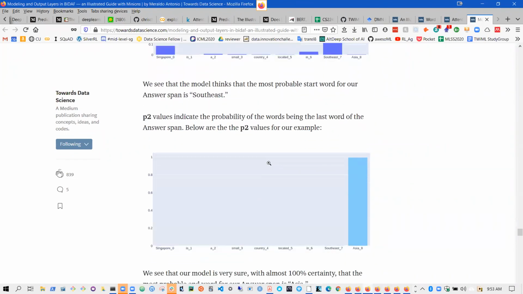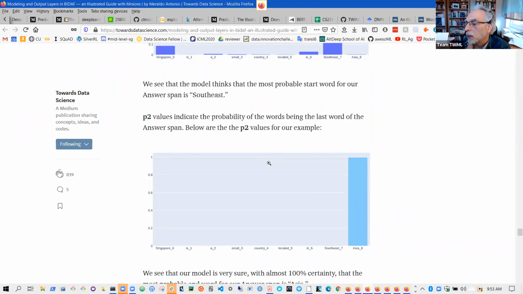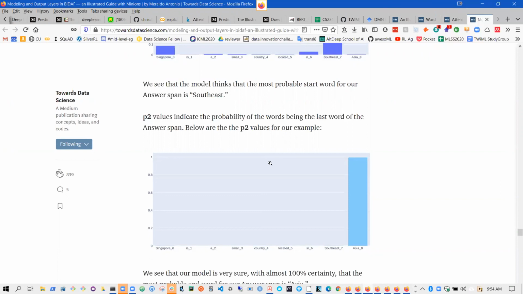So you do the P1, P2 multiplication, whatever yields the highest, provided your P1 word is ahead of the word you've chosen for P2. If that's not the case, then you have to deal with that exception, because your end can't be ahead of the start, right?